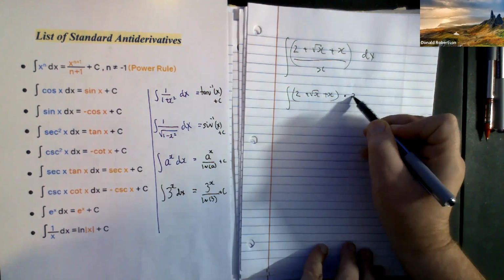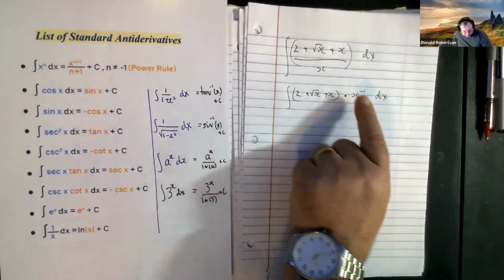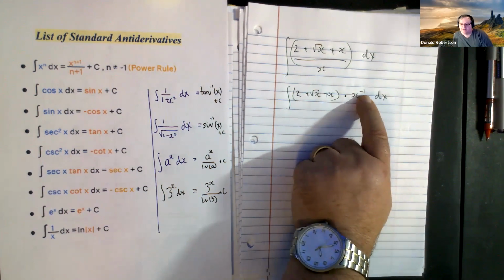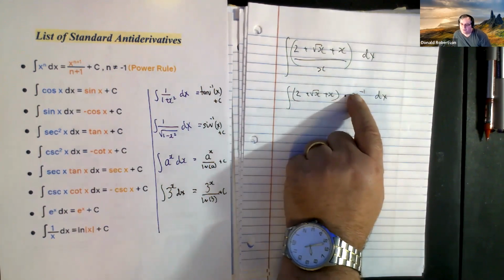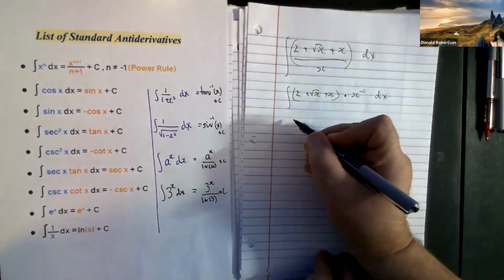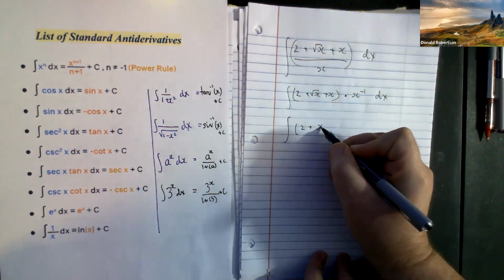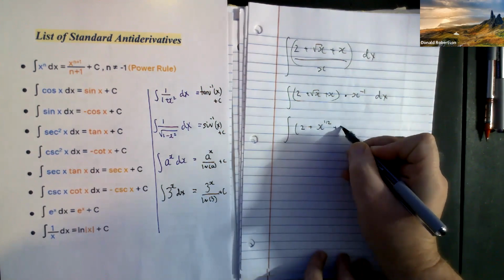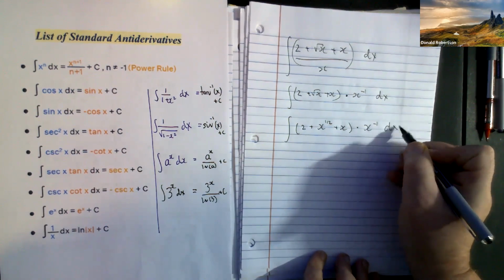And you multiply it by x to the -1. Now, if that was x squared, I'd multiply by x to the -2. If that was the square root of x on the bottom, this would be x to the -1/2. And I should have thought ahead. That square root also needs to be written as a fractional power. So that would be the first step.